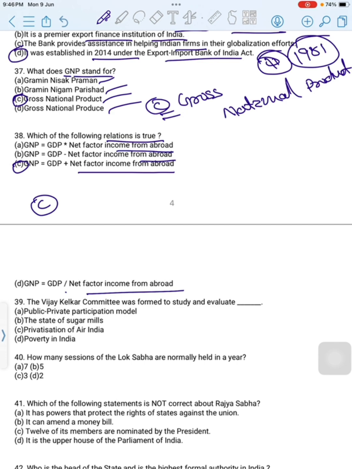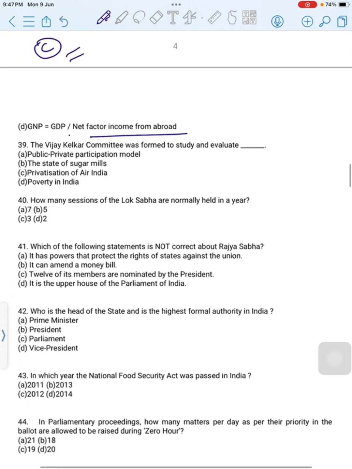GNP is gross national product, equal to GDP plus net property income from abroad. This net income from abroad includes dividends, interest and profit. GNI is gross national income, similar to GNP, and includes the value of all goods and services produced by nationals, whether in the country or not. Then correct option is option C. Then move to next question.